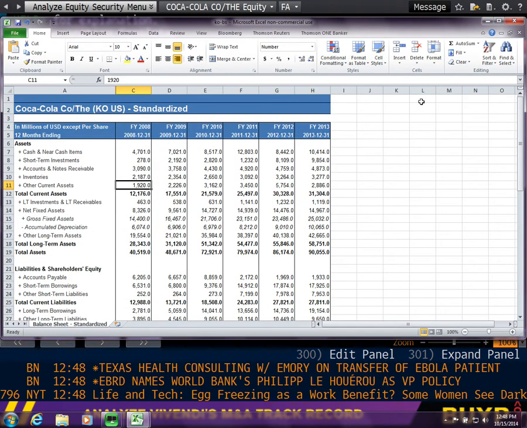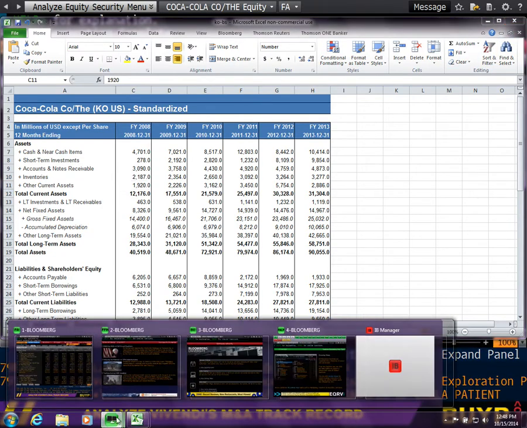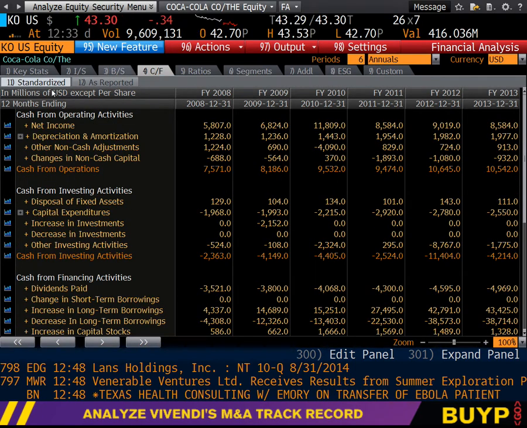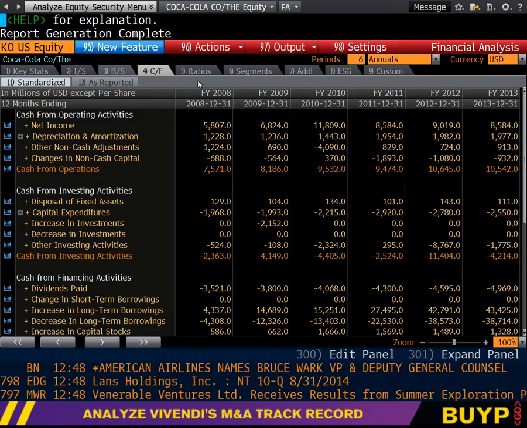And finally, the cash flow statement. Cash flow, standardized, output, Excel, current template.